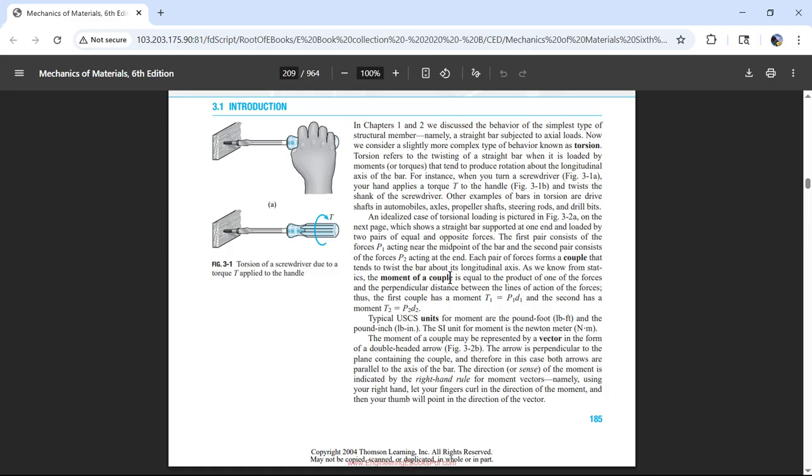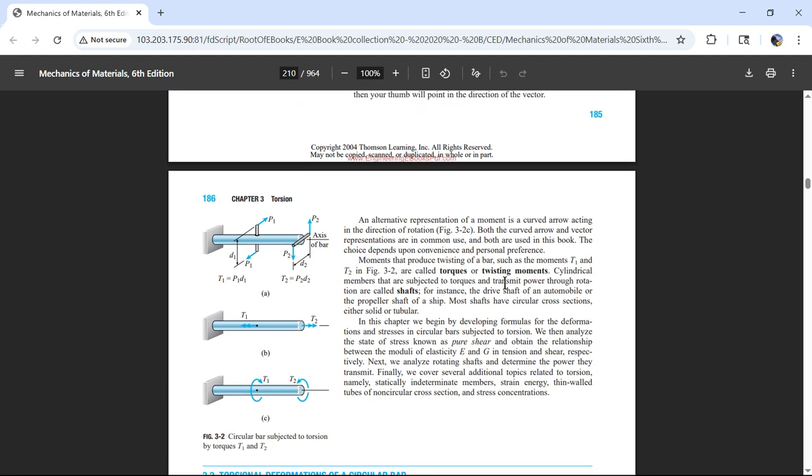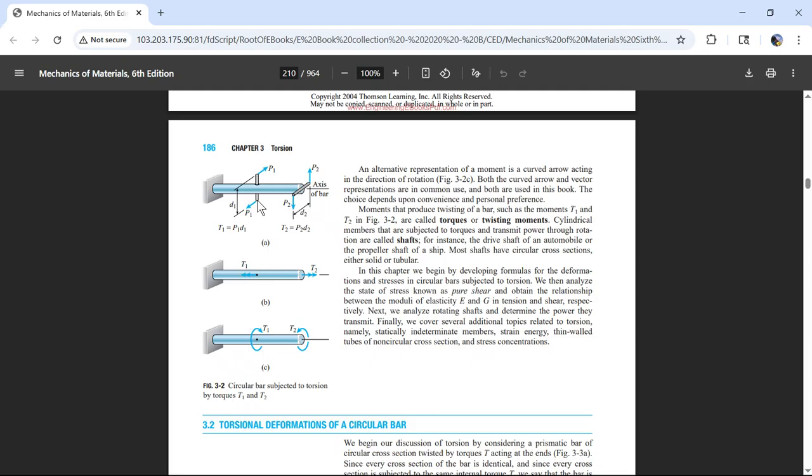So yeah, talking about that moment of the couple. Again, they're just going to pop out this formula. It's the product of one of the forces and the perpendicular distance between the lines of action of the forces. All right, I can dig that, because for P1, instead of just a little nubbin of steel, I could have a little nubbin, and then over here, a little L-shaped piece.